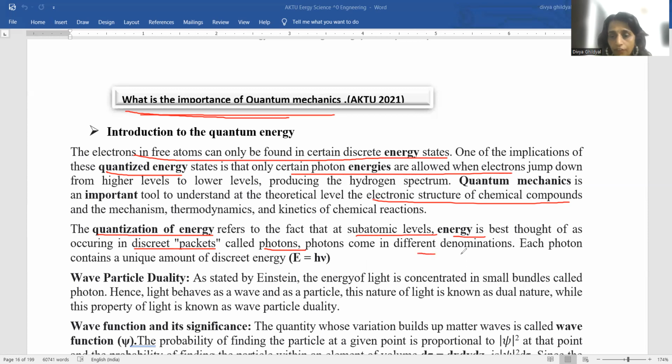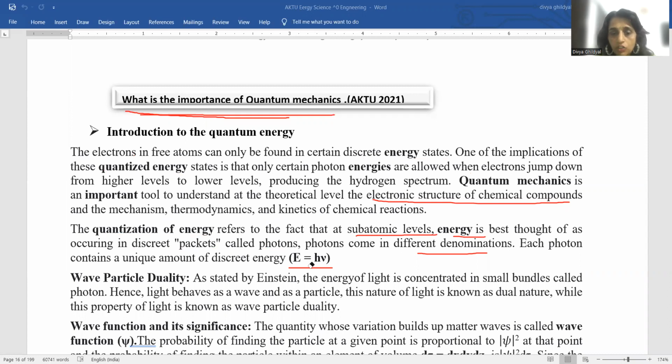Photons come in different denominations according to the formula E equal to h nu or E equal to nh nu, where n is an integer equal to 1, 2, 3, 4, etc. Now we know that light has a dual character. At times it behaves as a wave and at times it behaves as a particle.